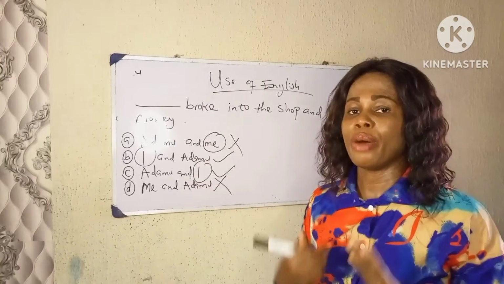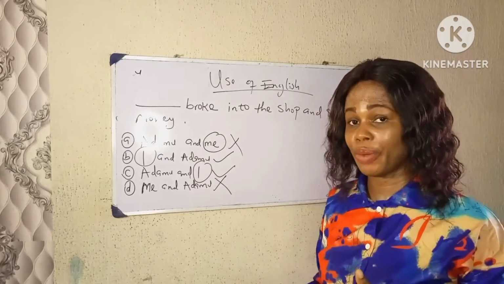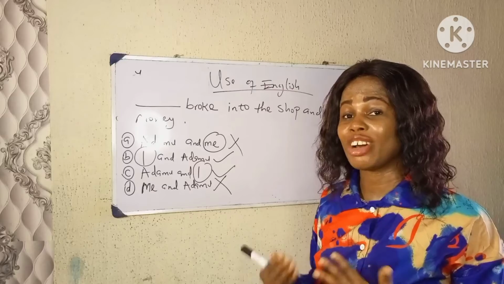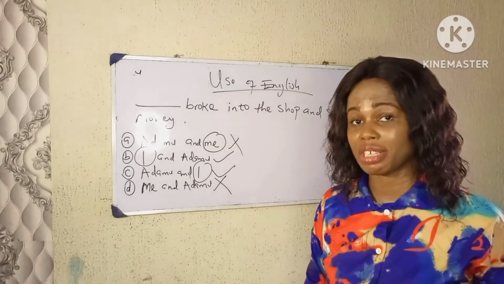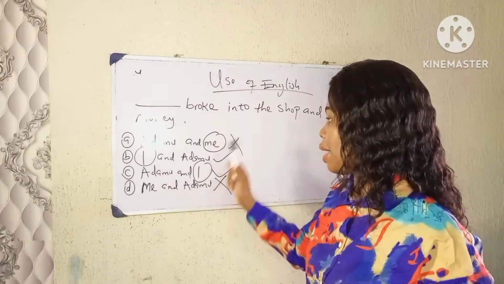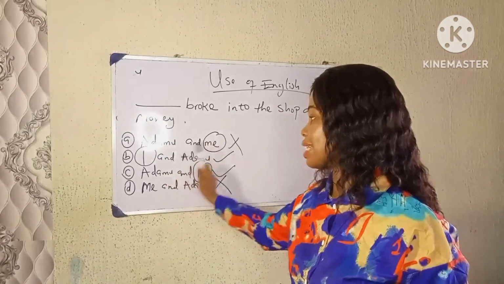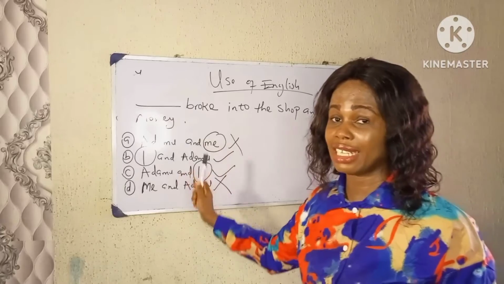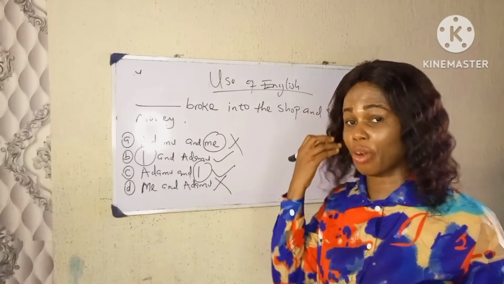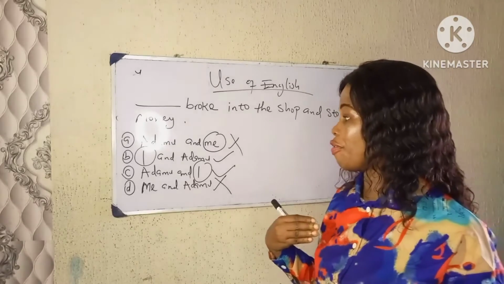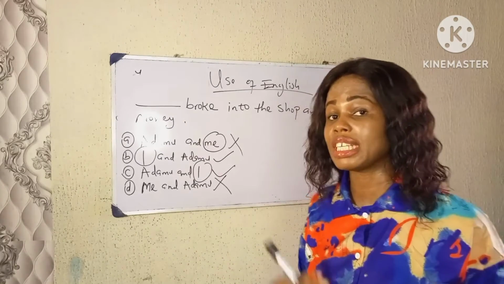In the English language, the second person always comes first, and this is basically for courtesy. So you don't say I and Adamu. You don't put yourself first in the English language, rather you put the second person first.